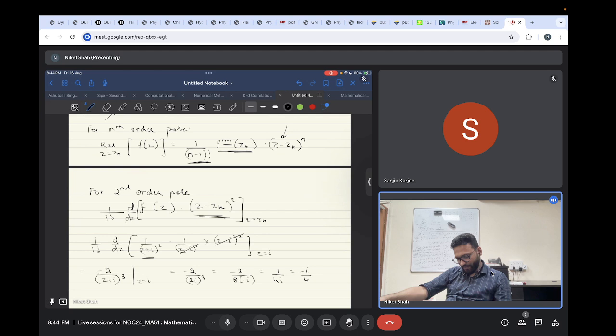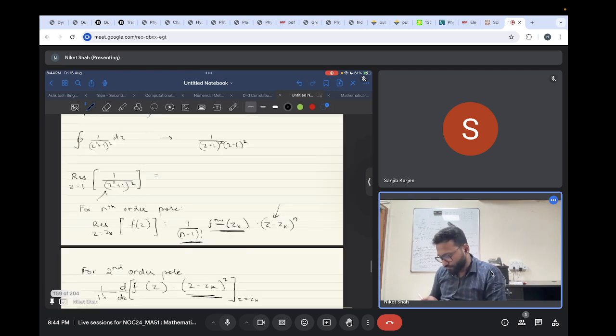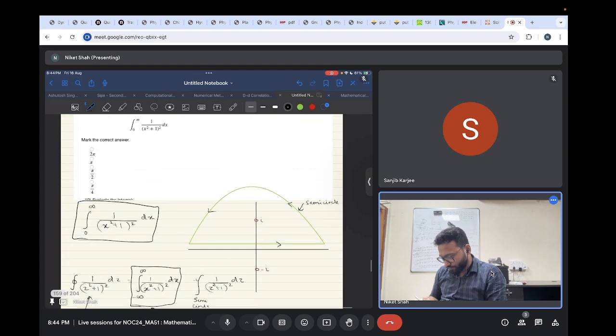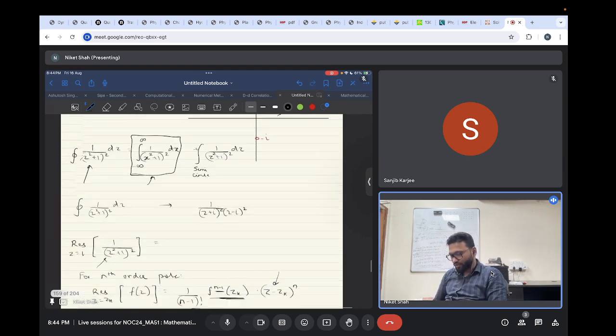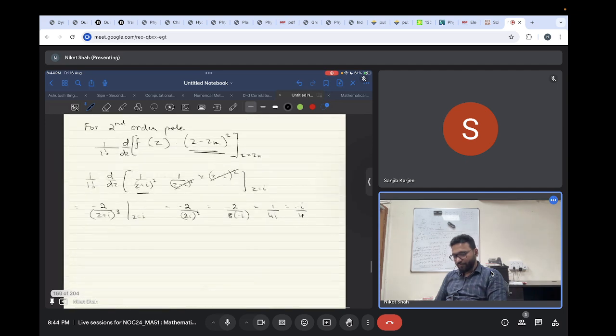I hope I have not made mistakes here. i cube is minus i, 2 cube is 8, minus 2 above, minus i by 4 is the residue here. So the left hand side evaluates to 2 pi i into minus i by 4. i square is 1, so pi by 2 is the answer.